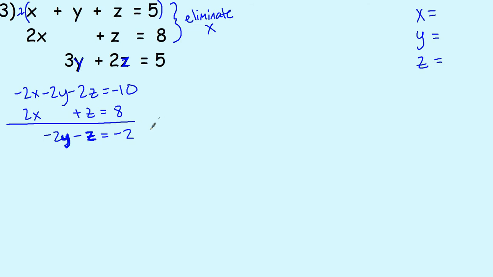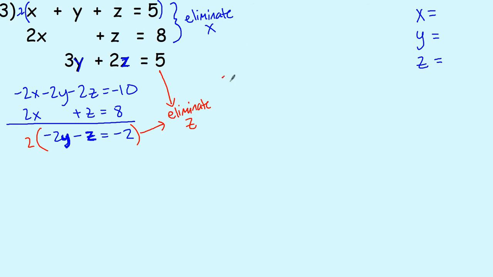So now we can take these two and eliminate either y or z. So I'm going to take this equation and that equation, and we're going to eliminate a variable. Let's see, it's probably going to be easier to eliminate z. So to do that, I'm going to multiply this one by a 2, so that way the z's can cancel.